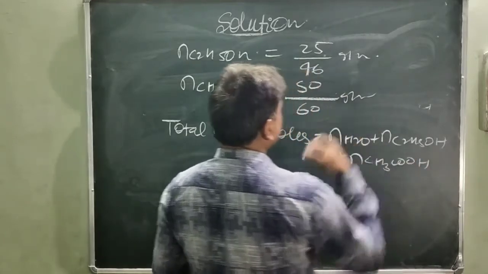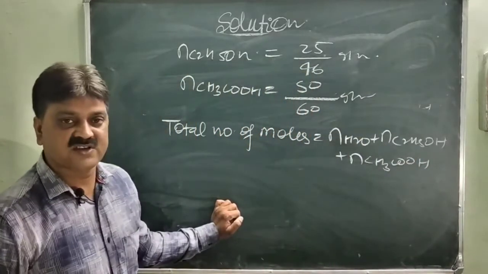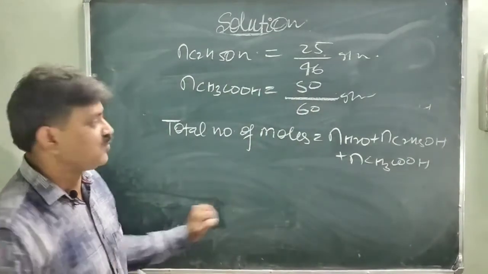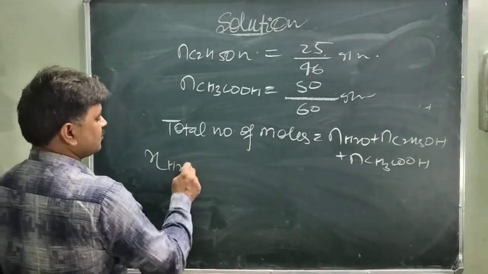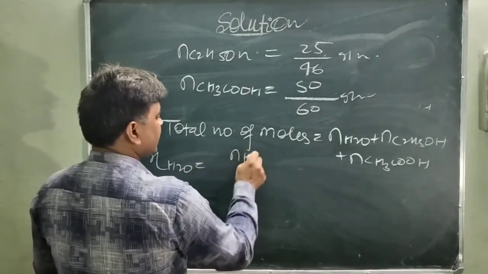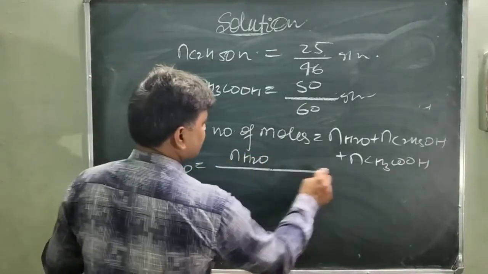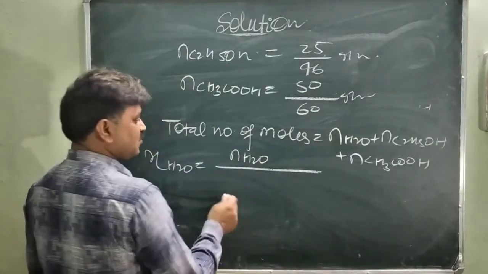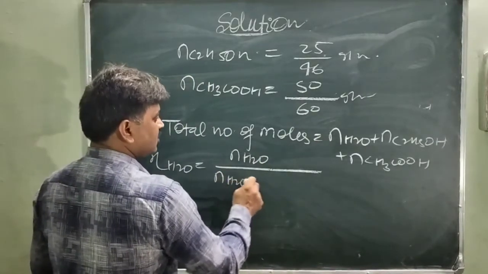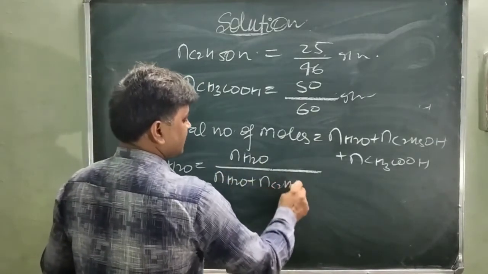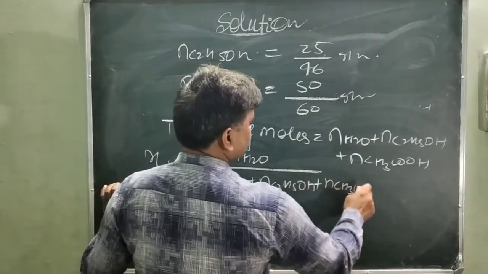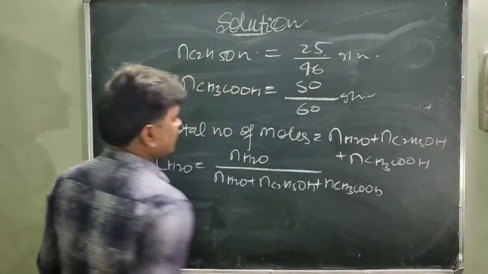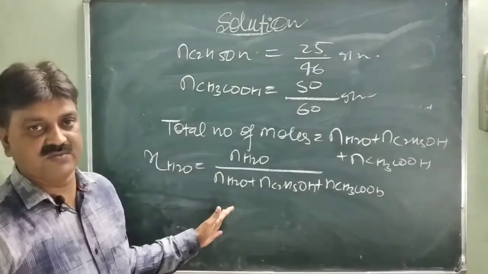So you can find out the mole fractions of all the components. Mole fraction of water, X H2O, is equal to n H2O, the number of moles of one component, upon the total number of moles, n H2O plus n C2H5OH plus n CH3COOH. The values are given already, so you can put them in and find out the mole fraction of each component.